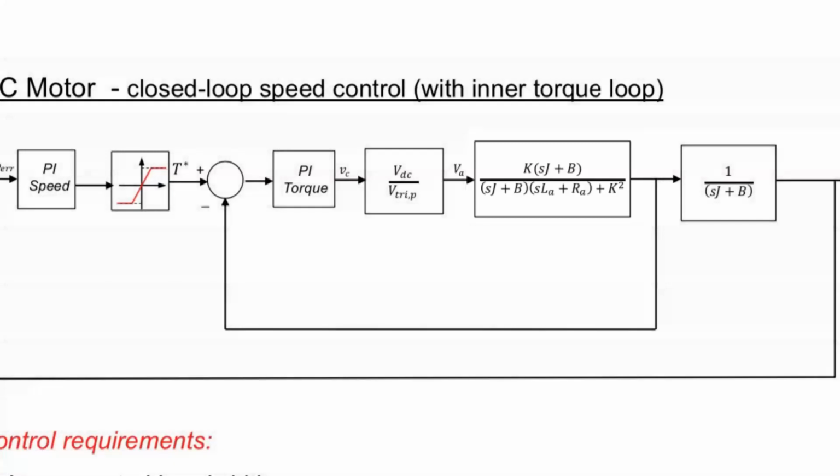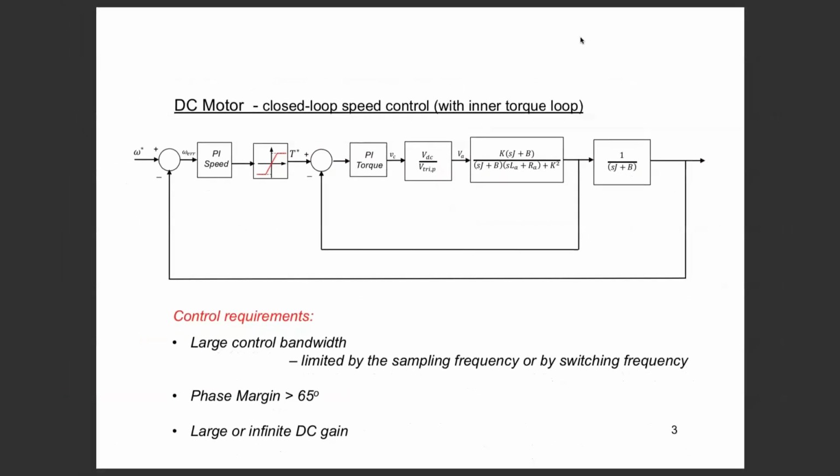So I'm going to write down the loop transfer function by setting the PI controller as a unity gain. The gain for the converter in our example here is going to be equal to 12 because the DC voltage is 60 volts and the triangular peak value is 5 volts. So 60 over 5 is 12.